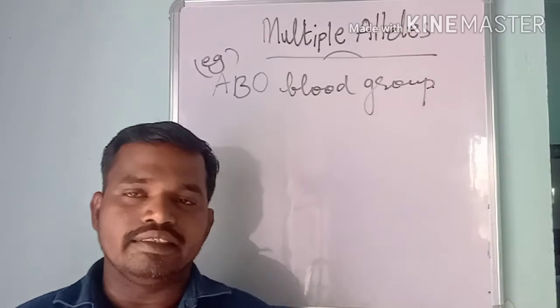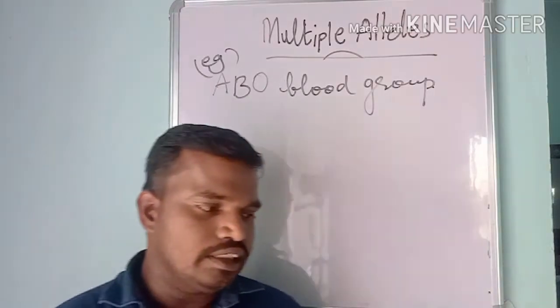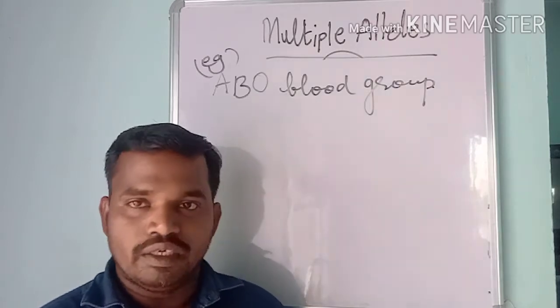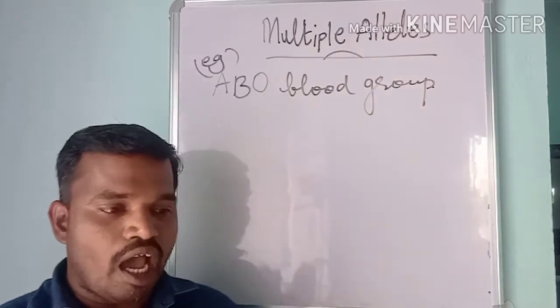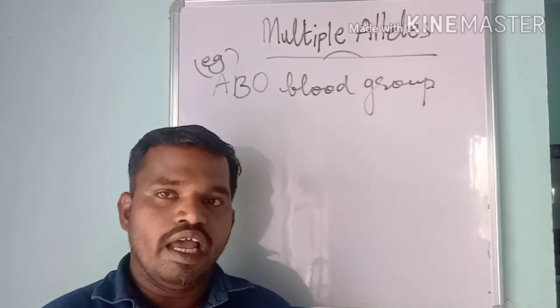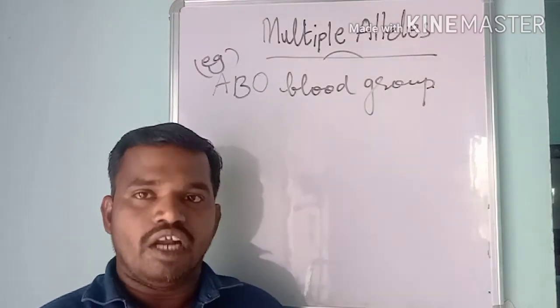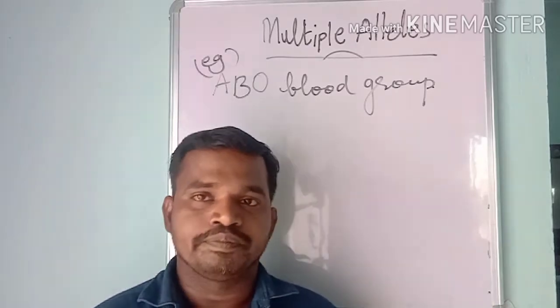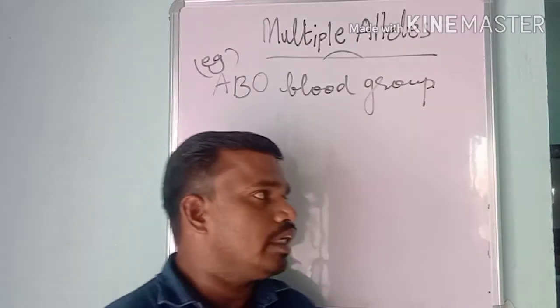Based on that antigen, we say the person has A, B or O blood group. If the RBC does not have this antigen on its surface, then it is termed an O blood group. Do you understand what I am saying?